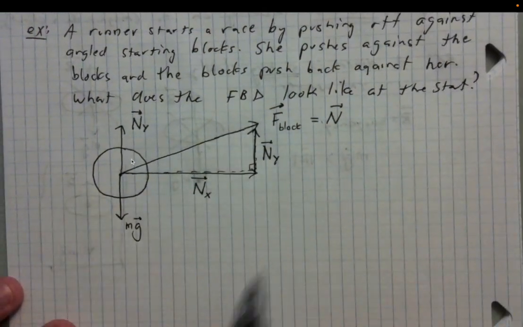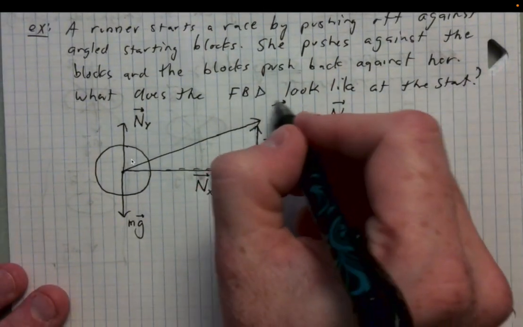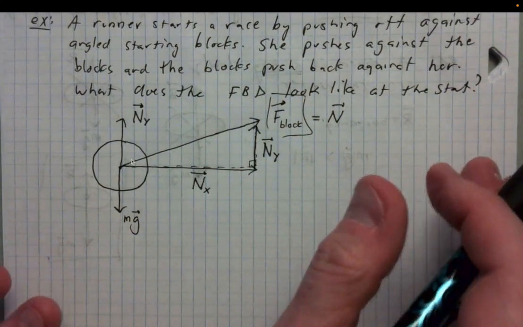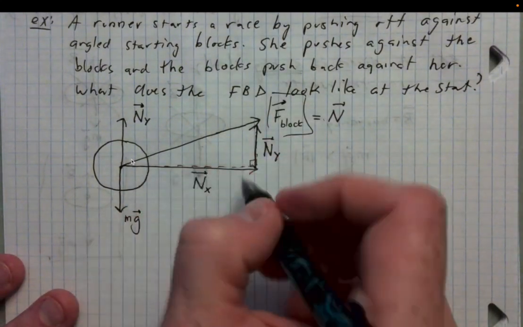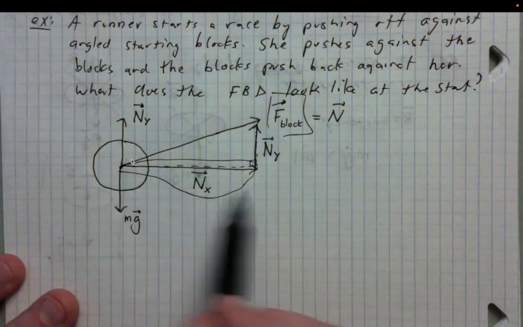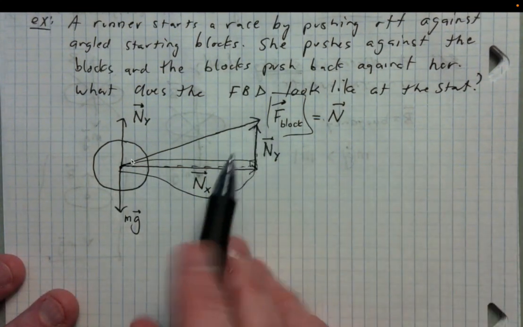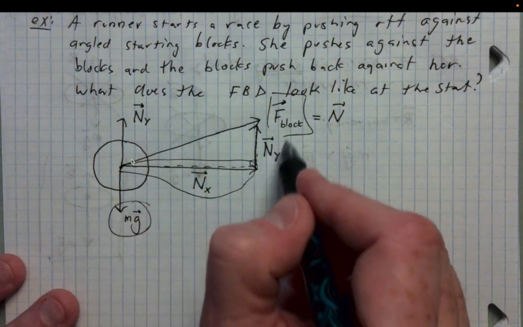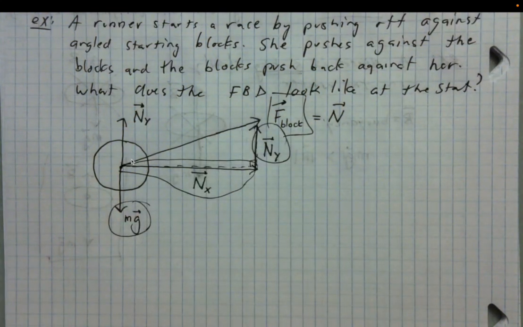And that's what this free body diagram really helps illustrate. Whatever this force is that the block exerts on the runner's foot, you have to figure out what part of that is going into the down track acceleration, and what portion of it is offsetting the weight of the runner, i.e. gravity. In this case it's a little more complex, and so the free body diagram is really helpful here.